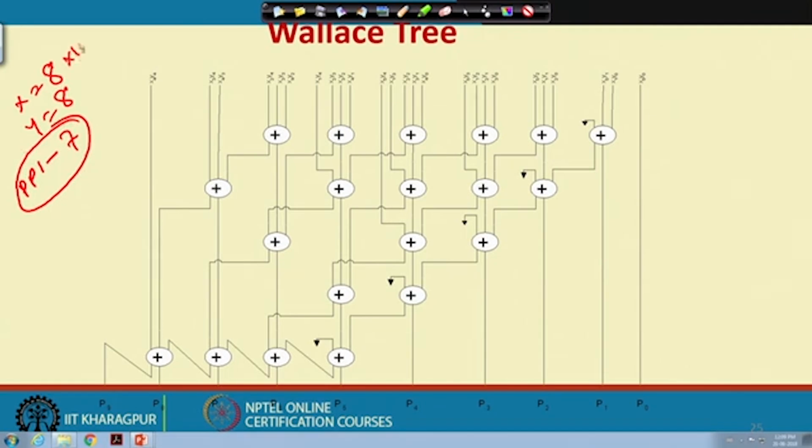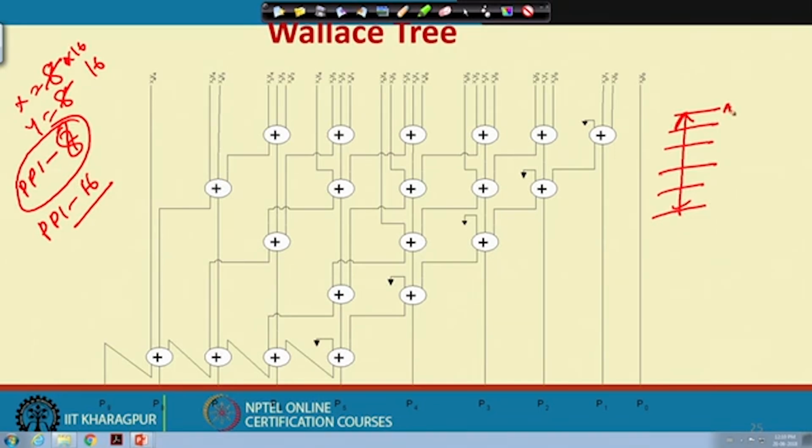If this is 16 by 16, at that time I need to generate partial products PP 1 up to 16, and then I need to add them. Okay. So, now there will be 16 stages which I need to add, something like this.